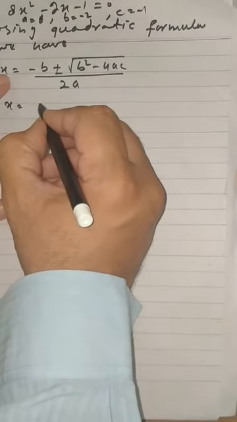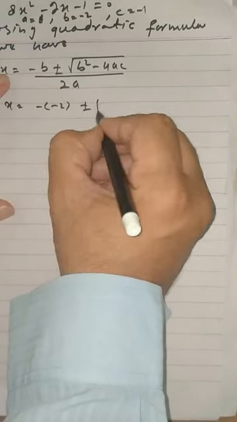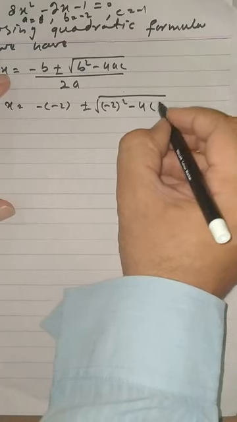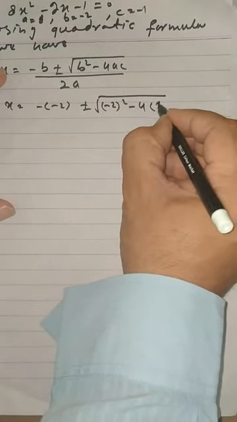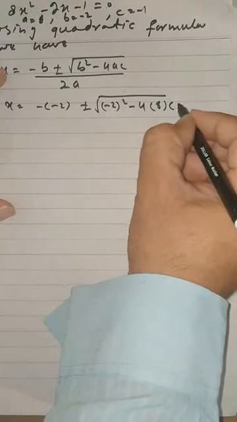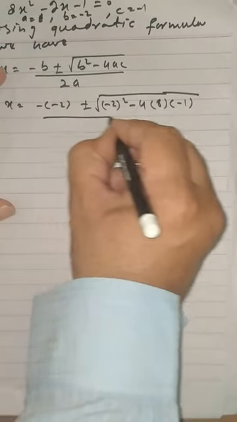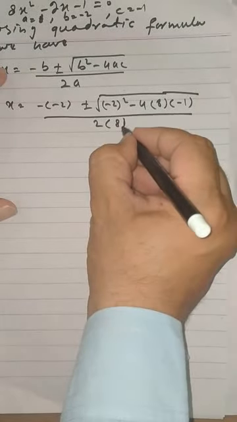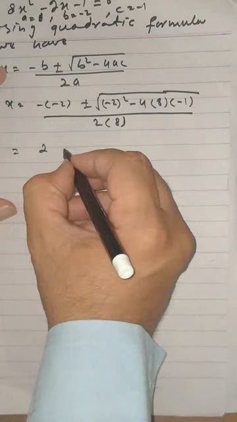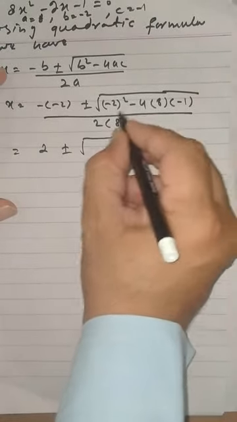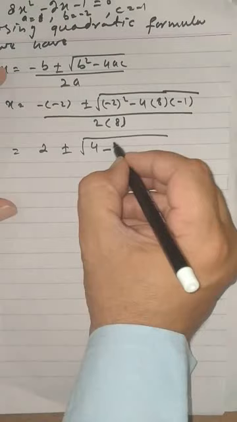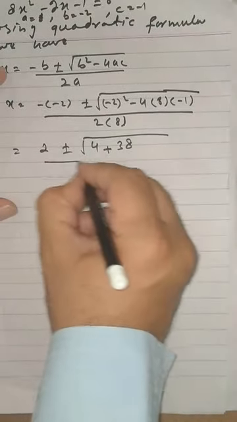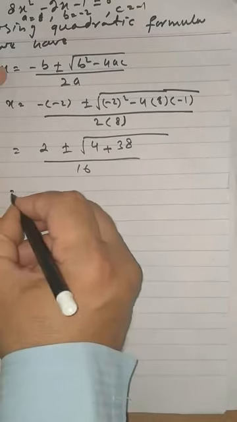x equals minus of minus 2, plus minus under the root minus 2 square minus 4 into the a value 8 and the c value minus 1, whole divided by 2 times the a value 8. Now we get here 2 plus minus under the root 4 minus into minus plus, 4 8s are 32, and 16 here.